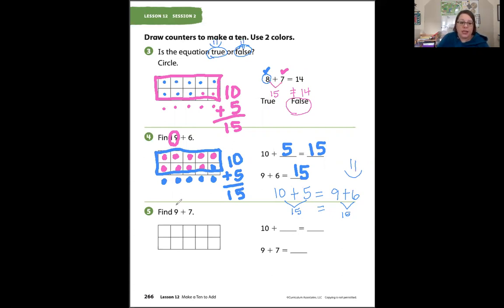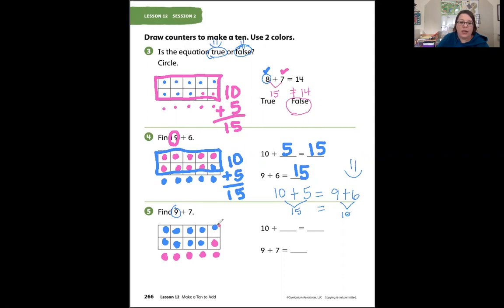Let's go on to 9 plus 7. Grab my thicker marker. Here we go. 9. 1, 2, 3, 4, 5. New line. 6, 7, 8, 9. And I'm going to add 6 more. Ready? 1, 2, 3, 4, 5, 6.